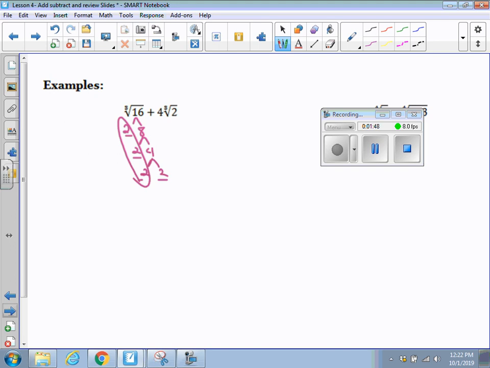Right now, what's outside of my cube root is really a coefficient of 1. And 1 times the 2 I'm taking out is 2, and I'm left with the cube root of 2. And my other term, 4 cube root of 2, well, 2 can't be broken down any more than just 2. So this is fully simplified. So we're going to bring down plus 4 cube root of 2.